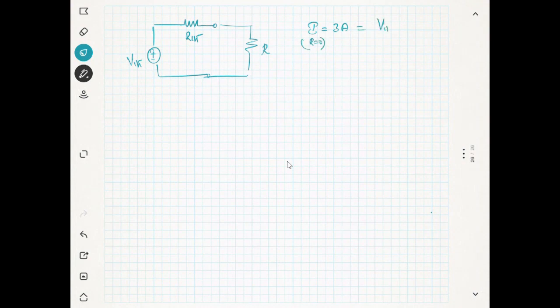And what is this current? It is nothing but V Thevenin by R Thevenin. Am I correct? Yes, sir.